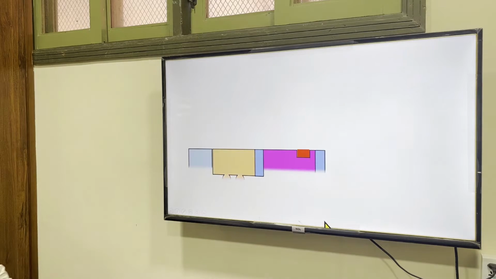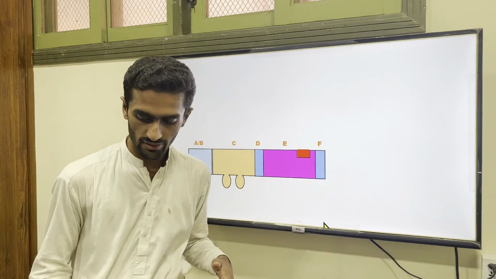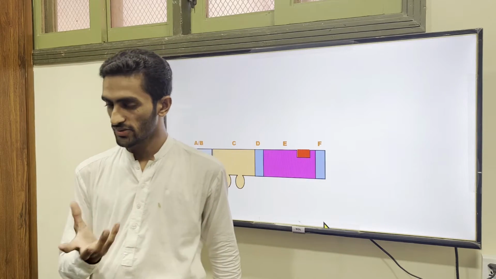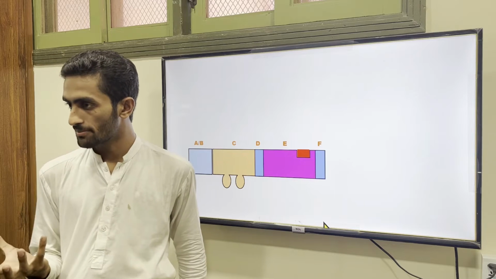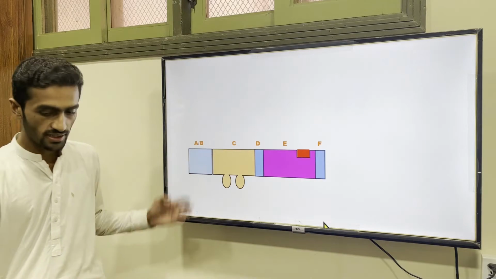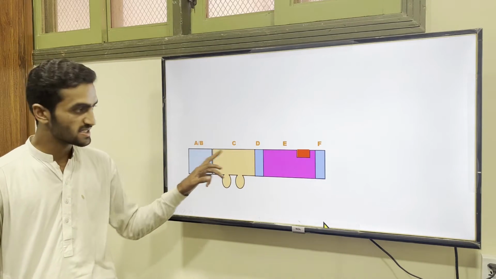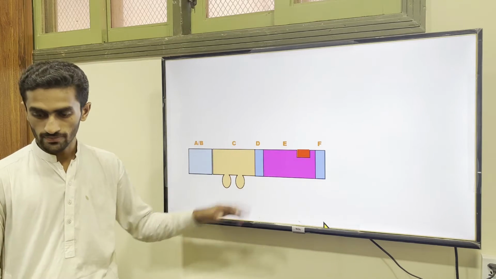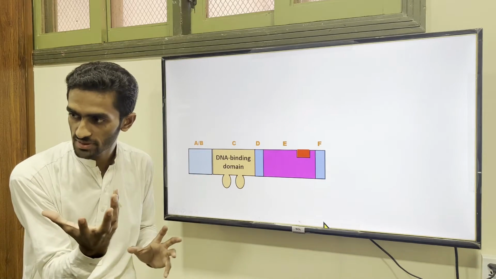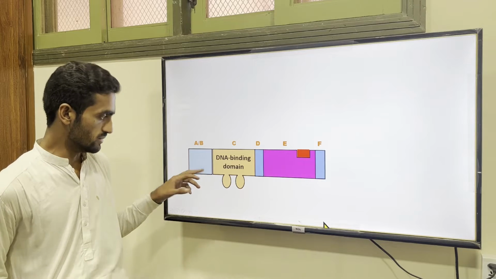Okay, so now, because we have to discuss the detail of the peptide later, if you look at the receptor of the thyroid or steroid, there are actually different subunits: alpha, beta, A, B, C, D, E, F. This is the structure of the receptor where your hormone is attached.